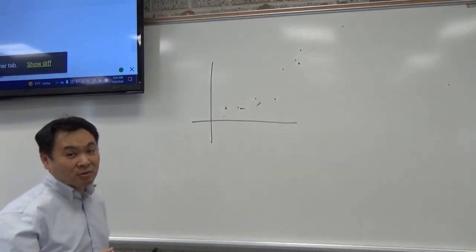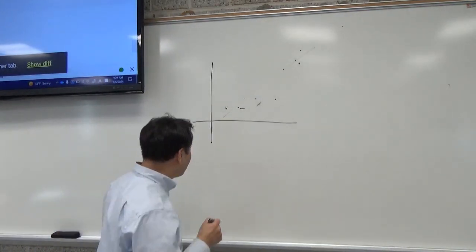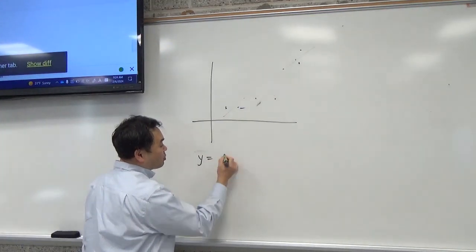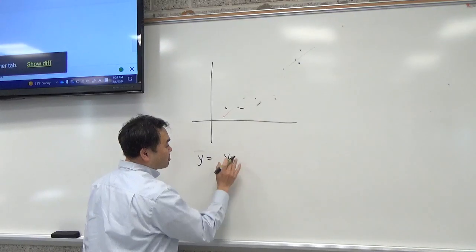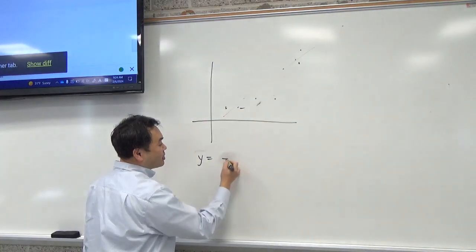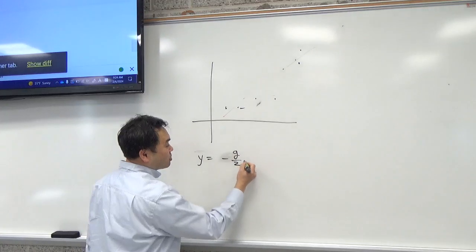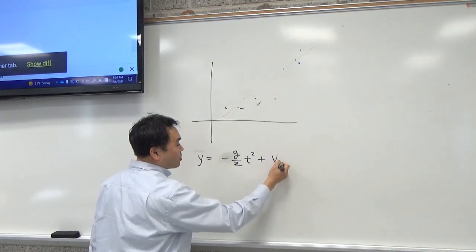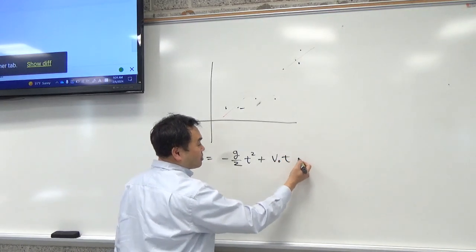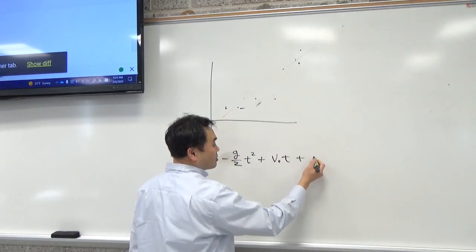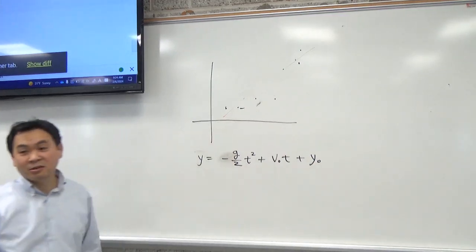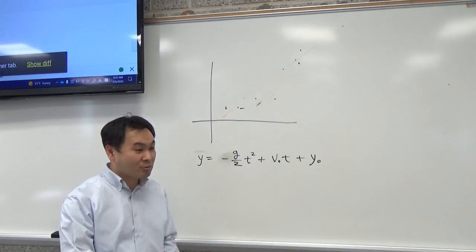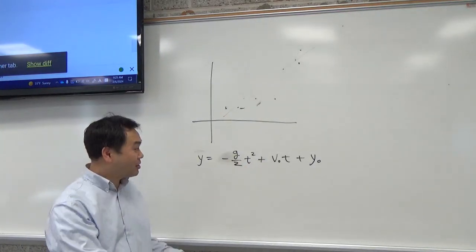And then the formula for the height of the ball would be something like negative g over 2 t squared plus initial v0 t, and then plus your y0, right? So that's the formula for something that, let's say you threw something up and it came down, right, at each point.